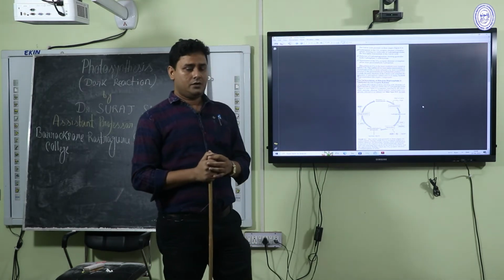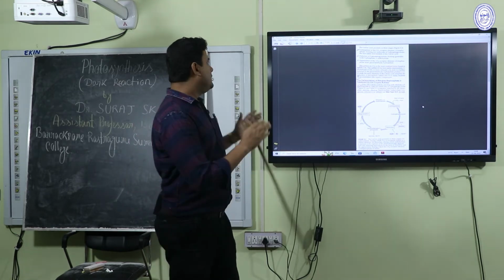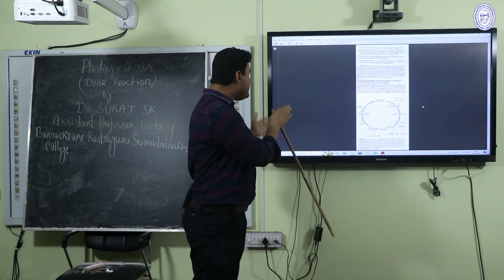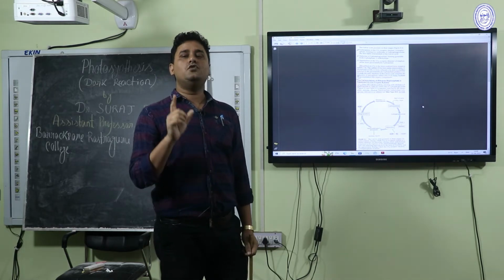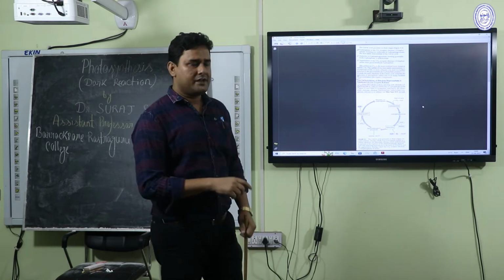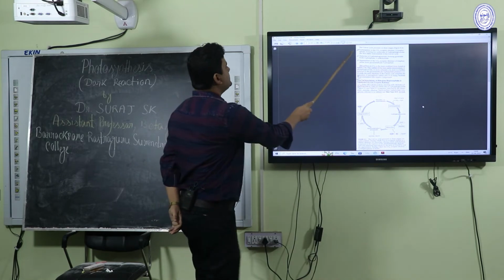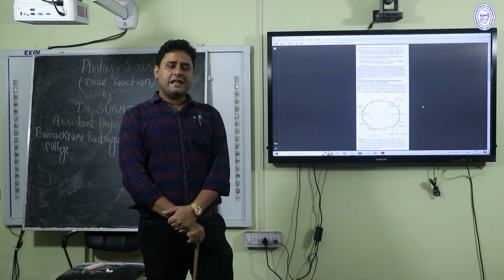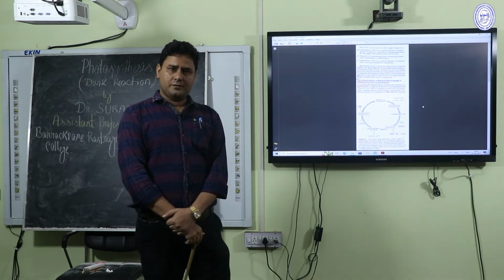As I mentioned, in the Calvin cycle, the CO2 acceptor is RuBP, ribulose 1,5-bisphosphate, and in the first reaction, that is the carboxylation reaction, the enzyme Rubisco is involved.